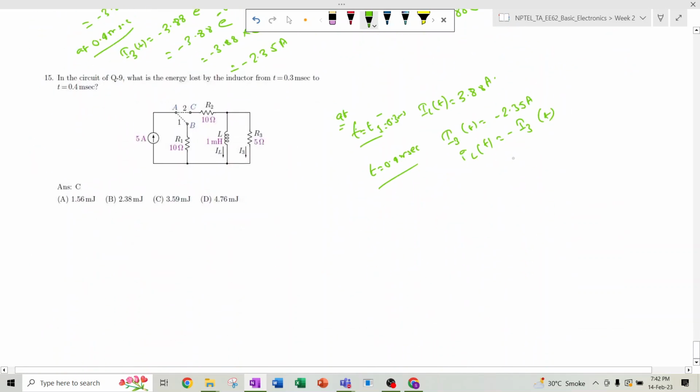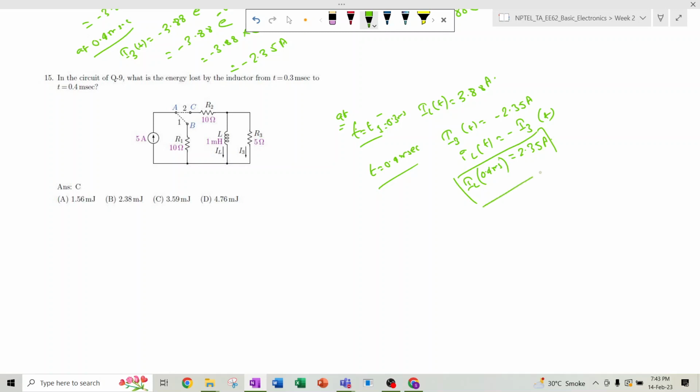So that is coming as 2.35 ampere. So IL at 0.4 millisecond is 2.35 ampere, and IL at 0.3 millisecond is 3.88 ampere.